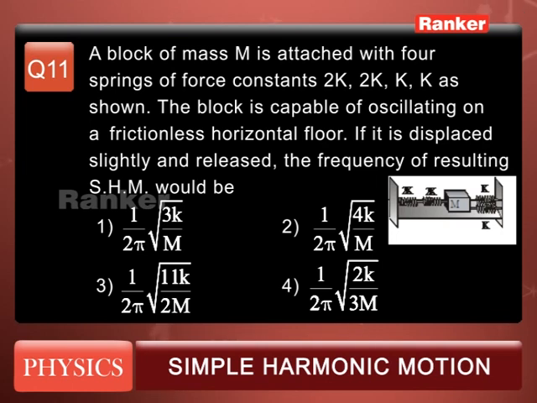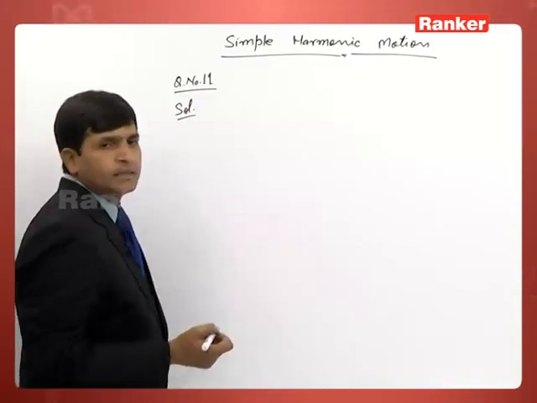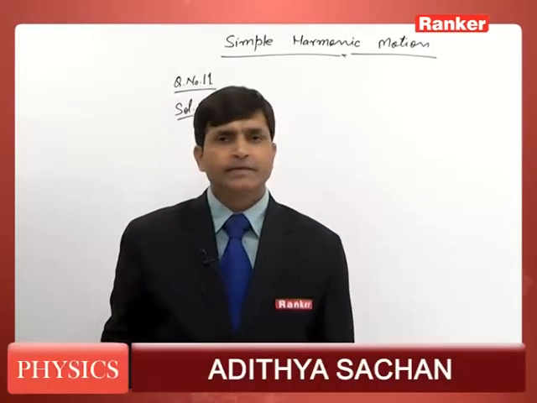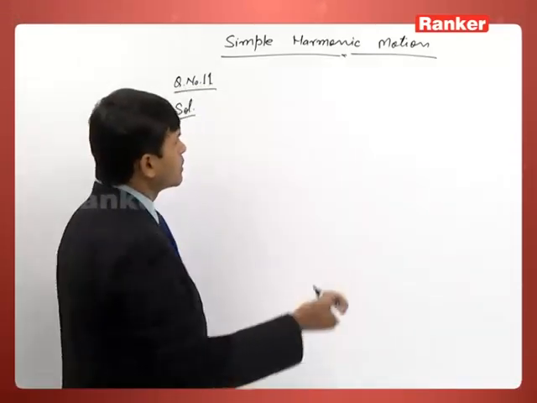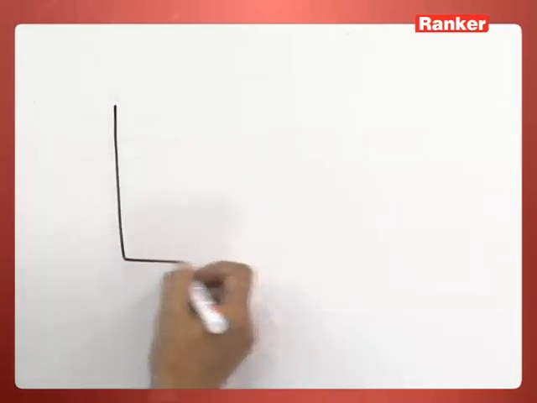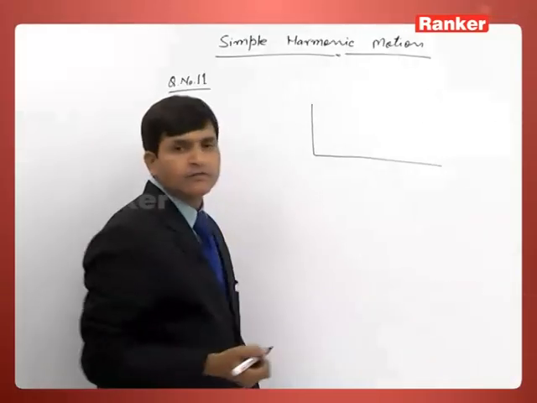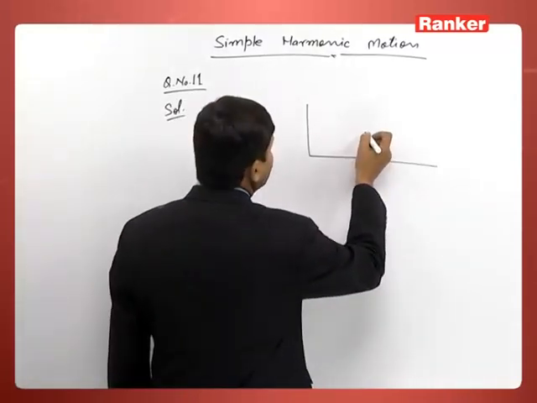Now see the solution. As per the given diagram, there are 4 springs. 2 of the springs have force constant 2K and 2K, and 2 of the other springs have force constant K, and the block is arranged like this.